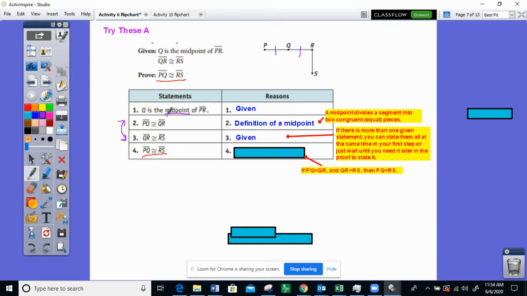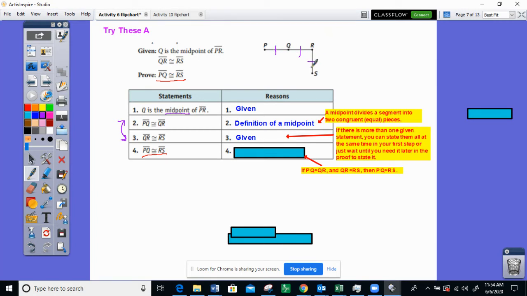Plus, another thing to think about, if all I know is that segment PQ is congruent to segment QR, that doesn't guarantee that segment PQ is the same length as segment RS. But if I look at the given information in step 3, segment QR is congruent to segment RS. And now I can just see from the picture that it's obvious that segment PQ and segment RS are congruent to each other.